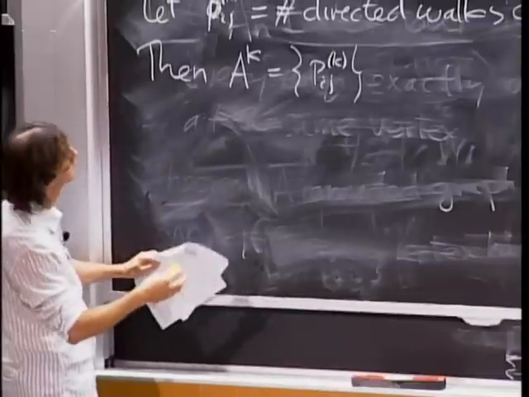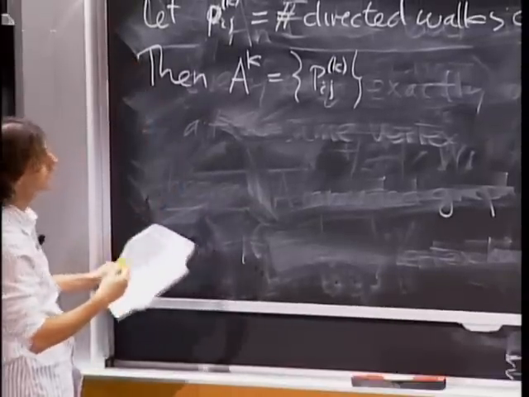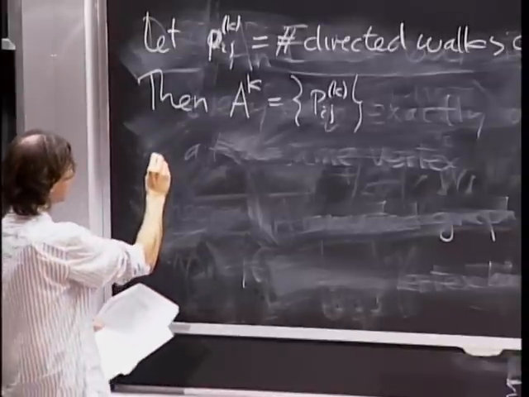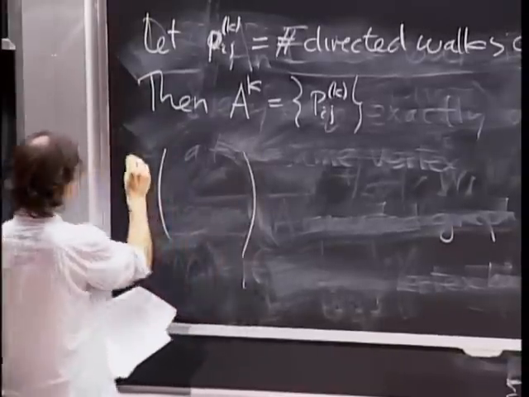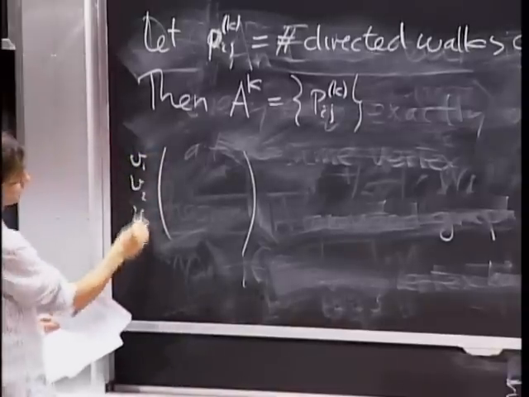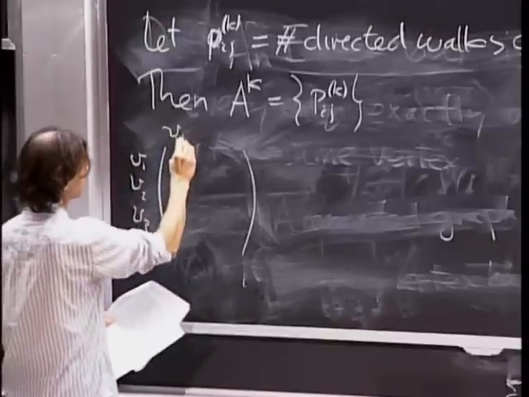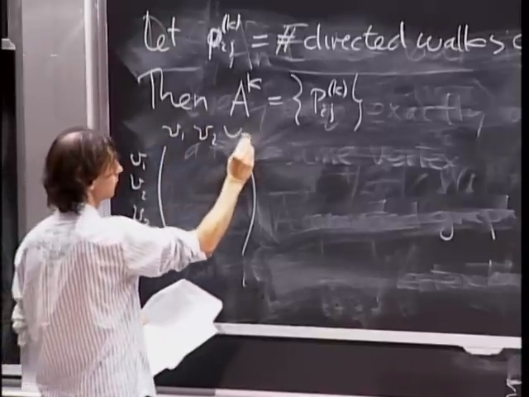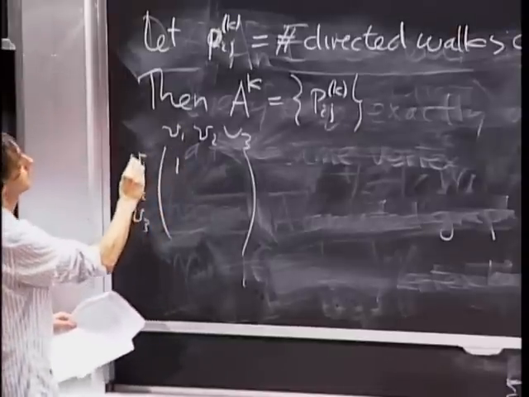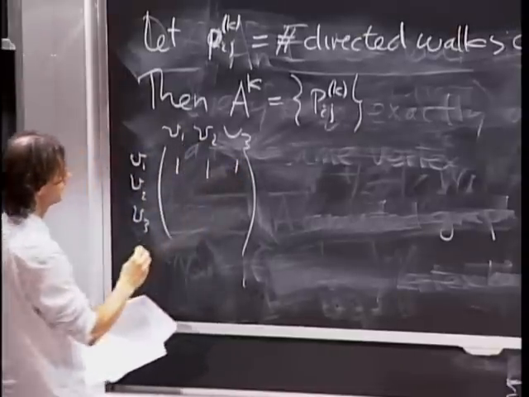So let's take the matrix over here, look at its adjacency matrix, take a few powers and see what happens. So the matrix looks like this. If we label the rows by V1, V2, and V3, and the columns by V1, V2, and V3, well, V1 has an edge to V1, V1 has an edge to V2, and also one to V3.